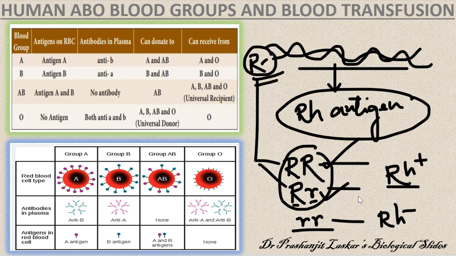The heterozygous form, one capital R and another small r, also indicates Rh positive. And when both recessive forms are present in a homozygous situation, that means homozygous recessive, it indicates Rh negative. That means that person is an Rh negative person.